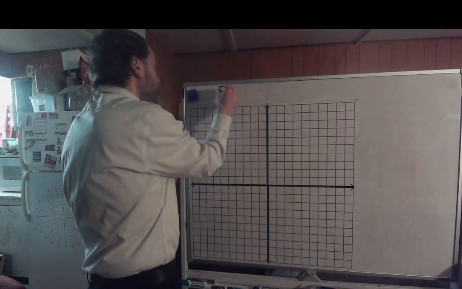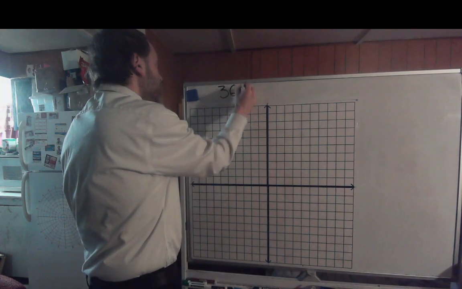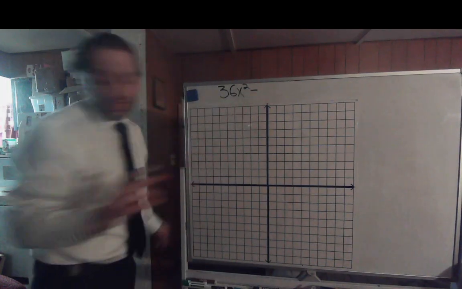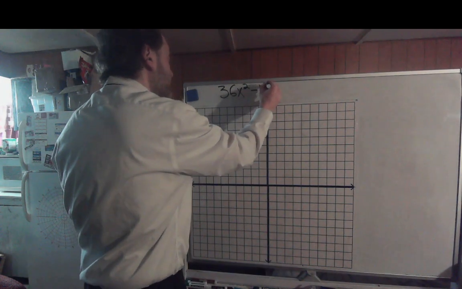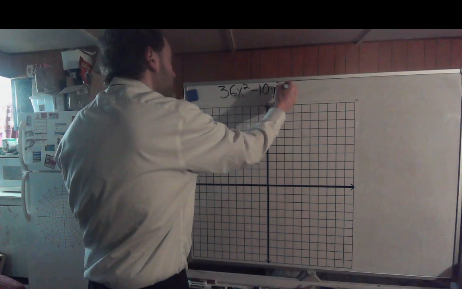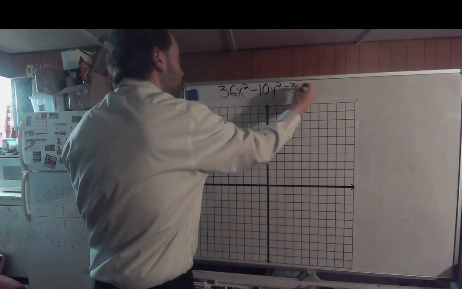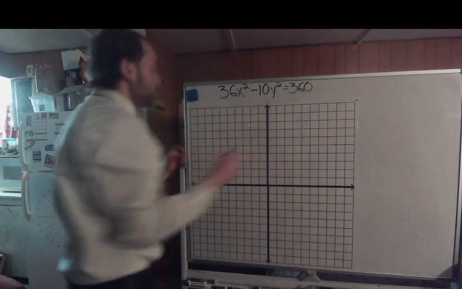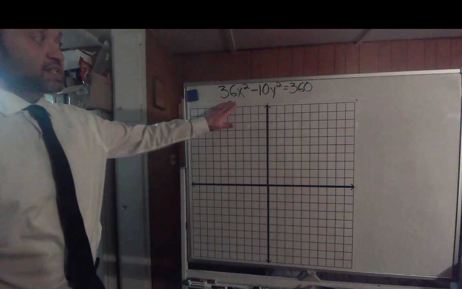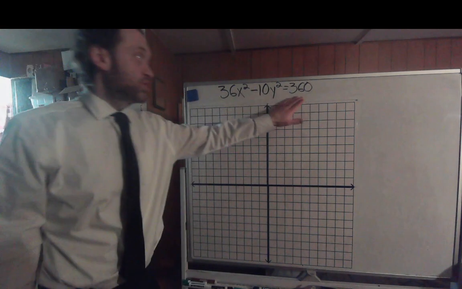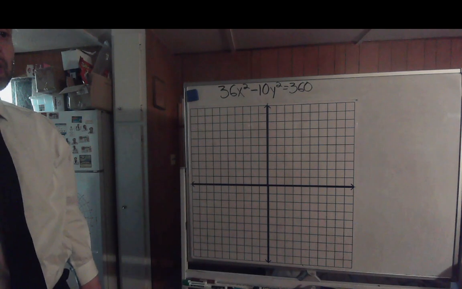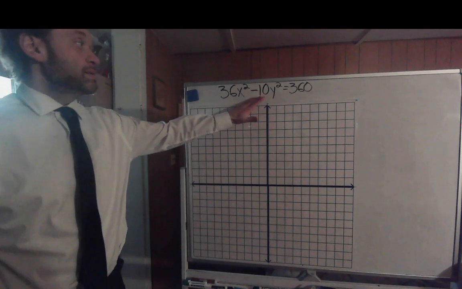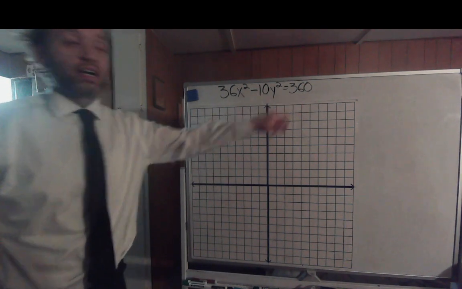So we have 36x squared minus 10y squared equals 360. Still the equation of a hyperbola, but the right side does not equal 1.